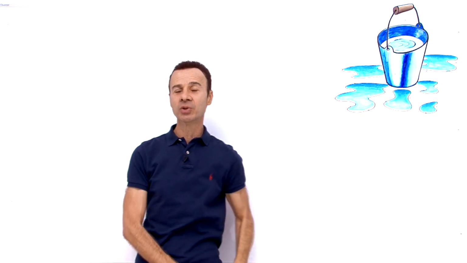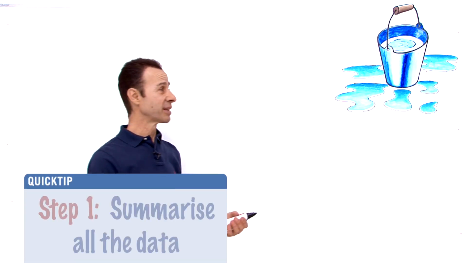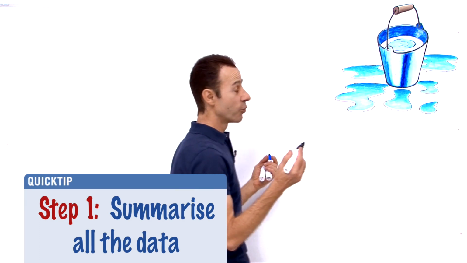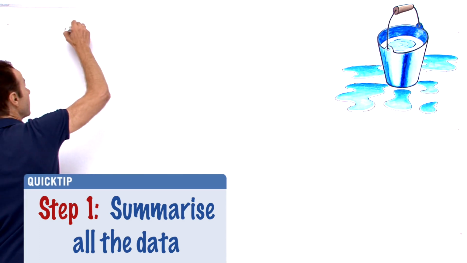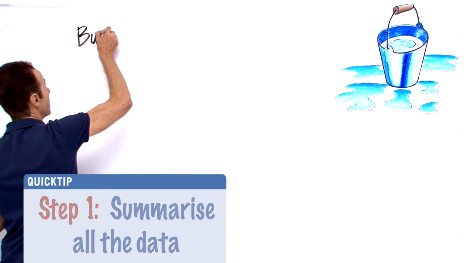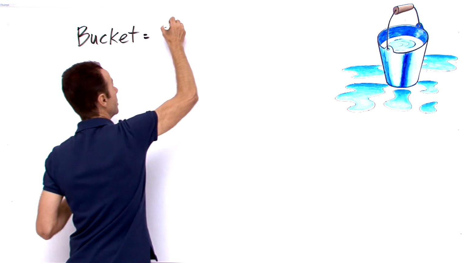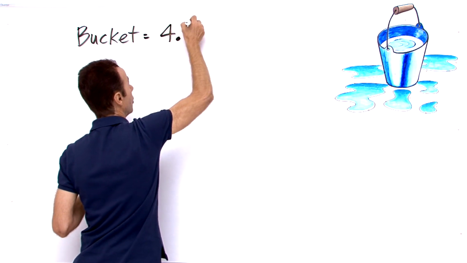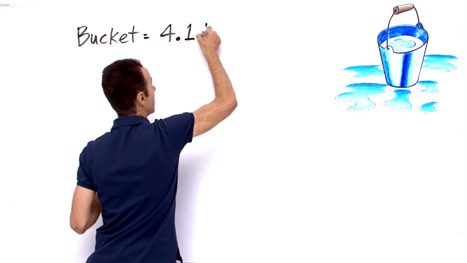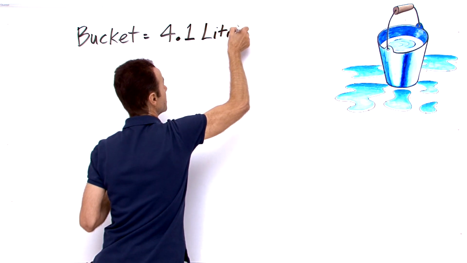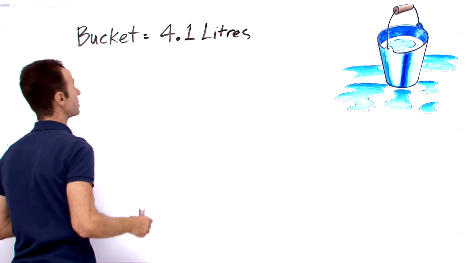So the first thing you want to do is summarize all those words from the word problem. So let's write down what we have first of all. We have the bucket. The bucket is 4.1 litres. It's got 4.1 litres.